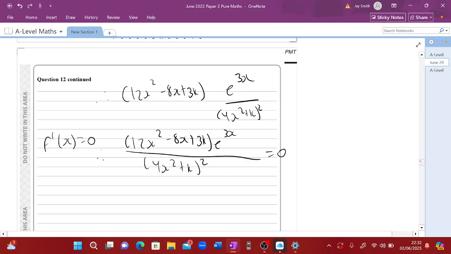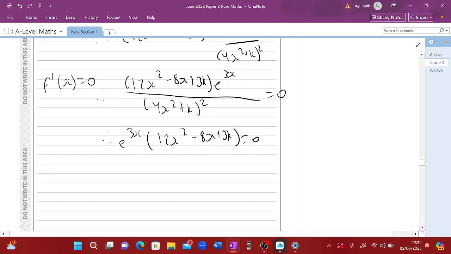As I said earlier, the numerator has to be 0. If you times across, the denominator times 0 is still 0, so that doesn't matter. So you're just left with e to the 3x of 12x squared minus 8x plus 3k equals 0. But e to the 3x cannot be 0. Again, look at question 2 when it asks to sketch an exponential graph.